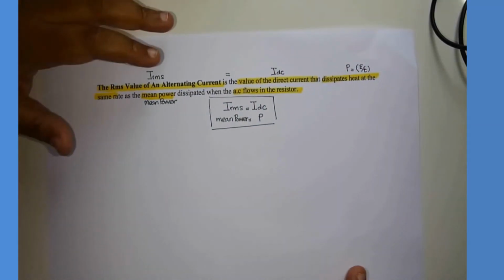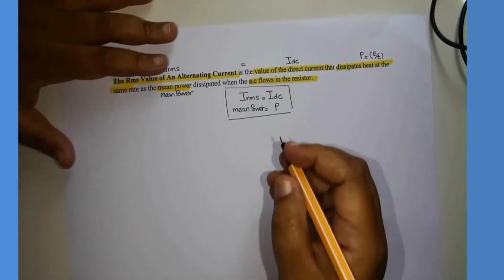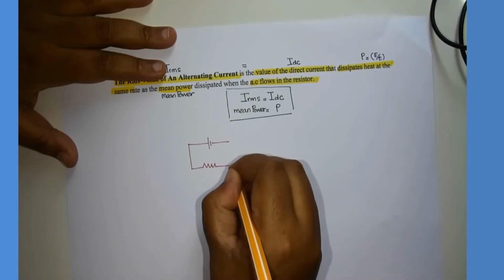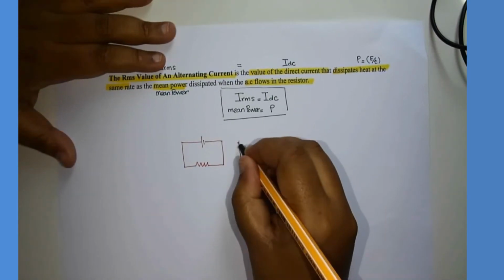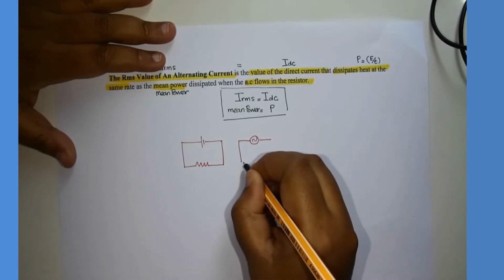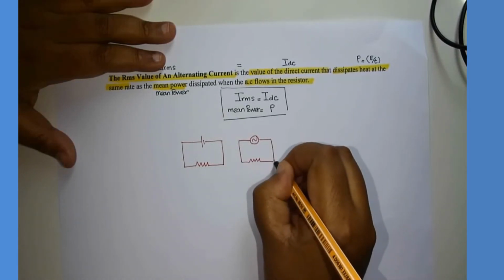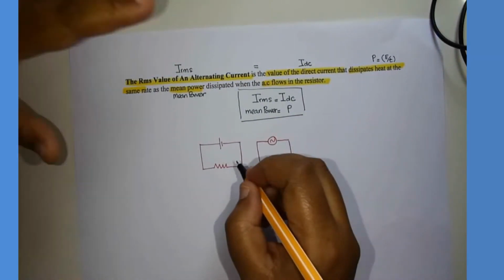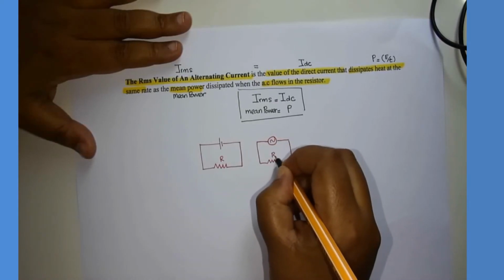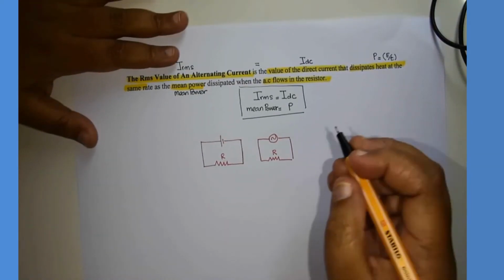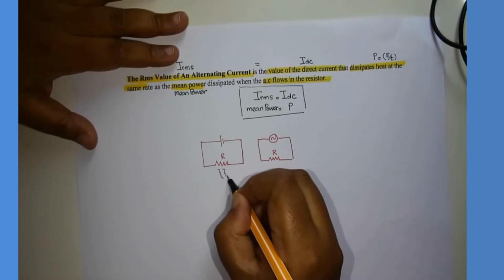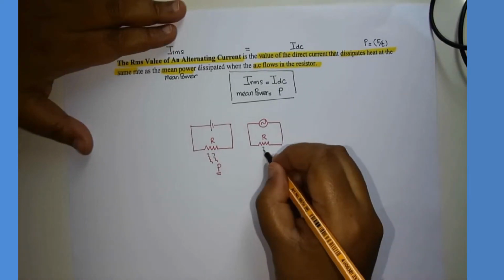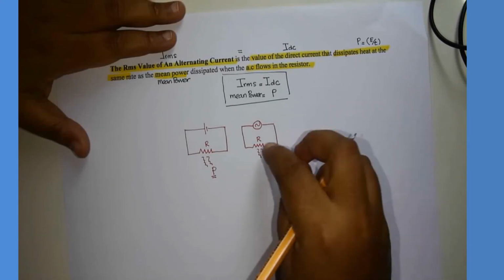Okay, so I'm going to draw 2 circuits here. One is a DC circuit which is connected to a resistor. Another one is an AC circuit which is connected to a resistor R. The concept says if the power dissipated in the DC is P, the value of P is the same as the mean power dissipated from the AC.